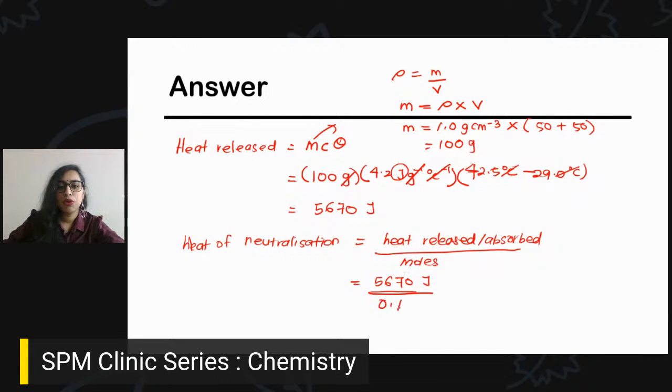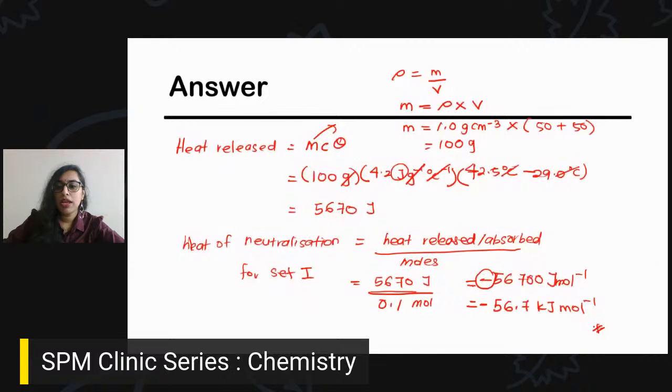So it's going to be 0.1 mole. So you will get 56,700 joule per mole. But there's a negative because this is heat released. The neutralization is heat released, so it's going to be negative. So it's also equivalent to negative 56.7 kilojoule per mole. So this is the heat of neutralization for set 1.